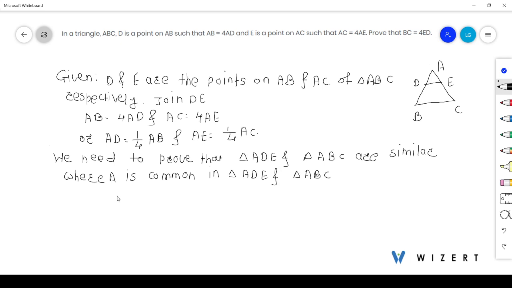So by the basic proportionality theorem, we can take AD upon AB equals AE upon AC.